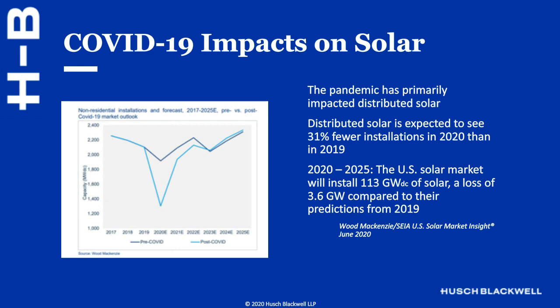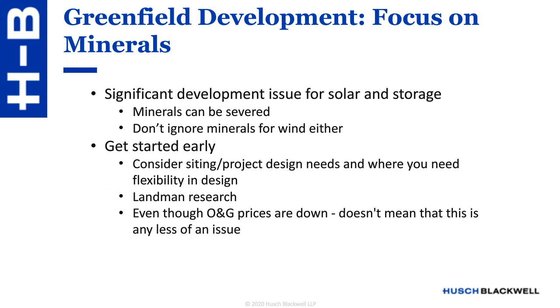So hopefully we'll see that largely on the utility side of things, and the distributed side, depending on where the economy goes and depending as people get more, if you want to call it, disposable income availability that they would use for distributed solar projects, especially on the residential side, that's obviously going to be somewhat difficult to predict over the course of the next year or so. That's the end of that part of the presentation and just kind of where things stand.